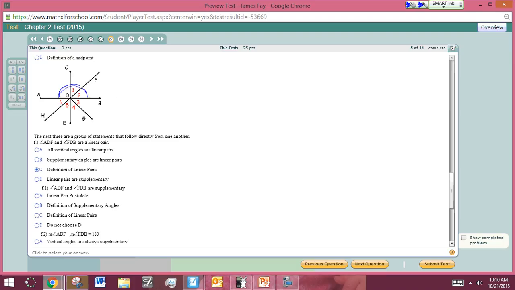Those two together form that straight line, so they are supplementary because they form a linear pair. The linear pair postulate says if two angles are adjacent and form a straight line, then they are supplementary. That's why we can say these are supplementary. So that's option A for me.